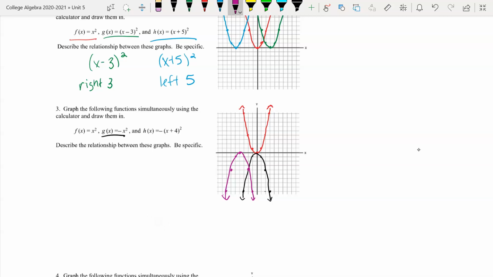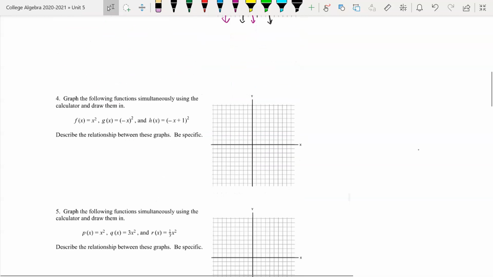Hopefully what you notice on this one is the negative is on the outside of the parentheses. That's a reflection over the x-axis. Keep going on, keep exploring.